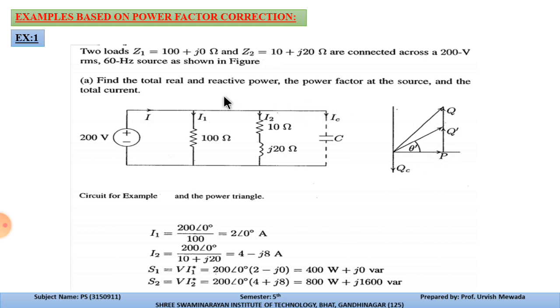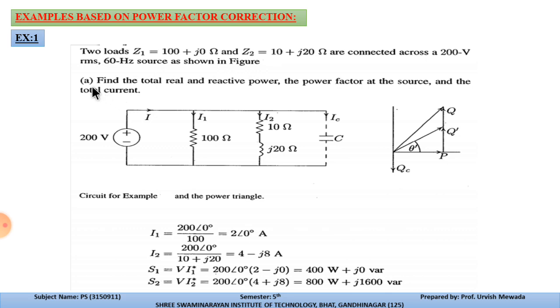The data given is, we have two loads, Z1 that is 100 plus j0, and Z2 is 10 plus j20, and this is the branch which is added to correct the power factor. That's why it is indicated as a dotted line. These are connected across the 200 volt RMS, and the supply frequency is 60 hertz.